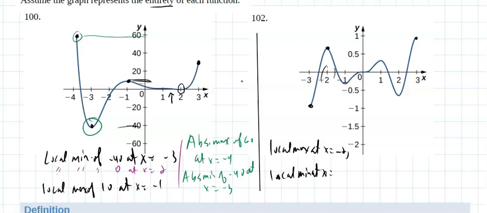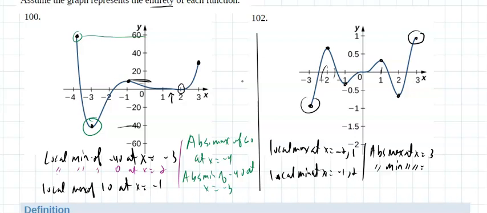We have a local maximum at 1. We have a local minimum at negative 1. And this is a local minimum at 2. We have an absolute max and we have an absolute min. So it seems that's the highest point on the graph, and in this case it happened to be the endpoints. It doesn't always have to be.